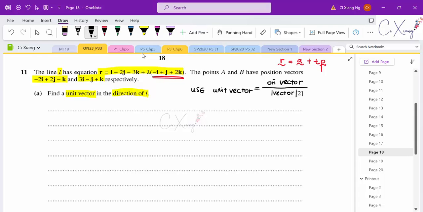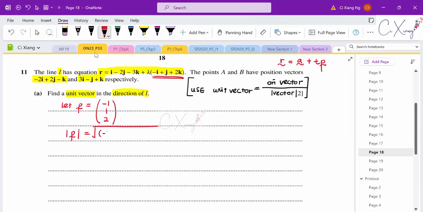So you just divide it by the magnitude of itself. For me, I prefer to let it equal p. p is the direction of the line, which is -1, 1 and 2. Now I want to find the modulus of this direction. What's the modulus for this direction here?